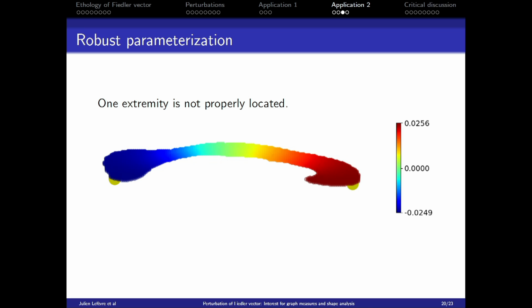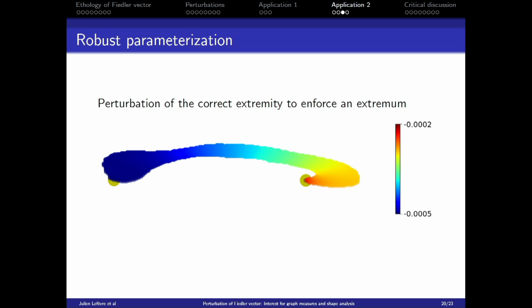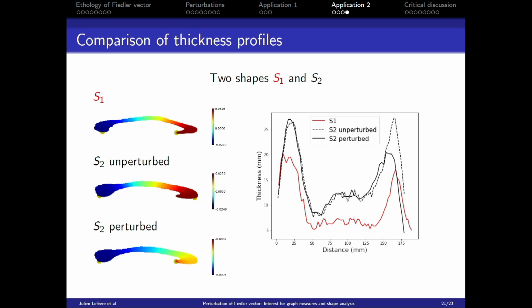So a natural application of the previous results is to perturb this graph, and to get a new Fiedler vector that follows exactly the elongation of the shape as the neurologist wants. And in that case, it's possible to obtain thickness profiles that look like this.